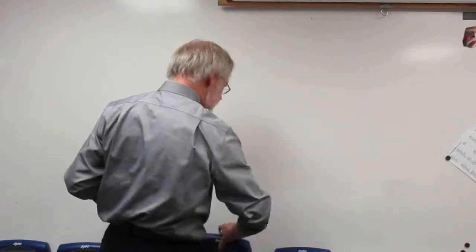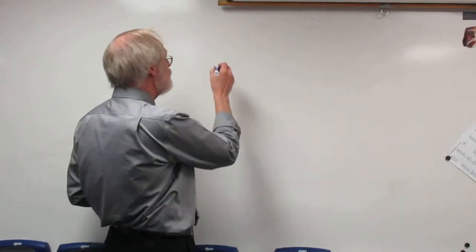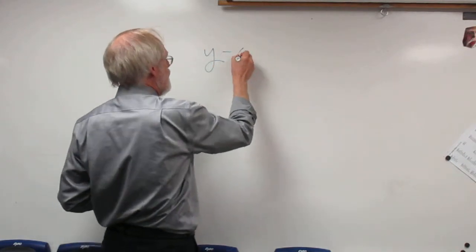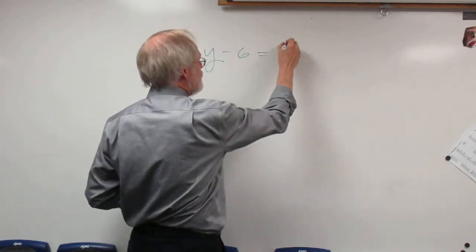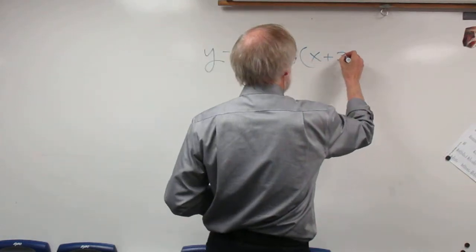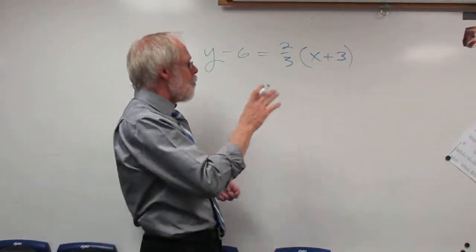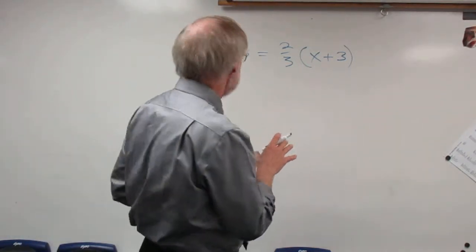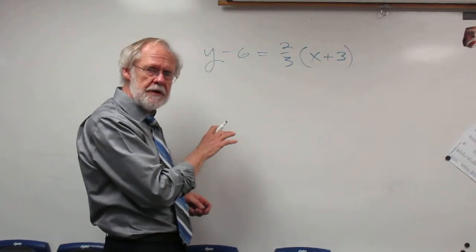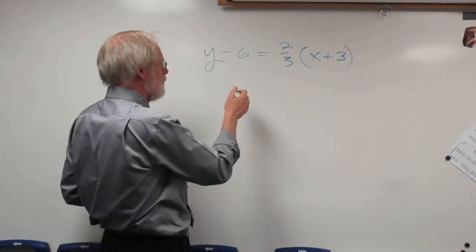Let's look at another situation. Let's take one that maybe we've already written in point-slope form. y minus 6 equals 2/3 times x plus 3. All right. I want to put that into standard form, but I'm going to first have to go through slope-intercept form, and I'll show you how that works.